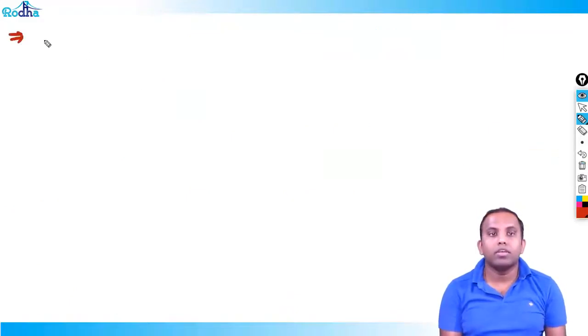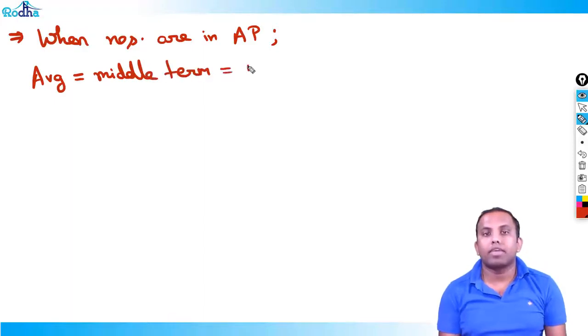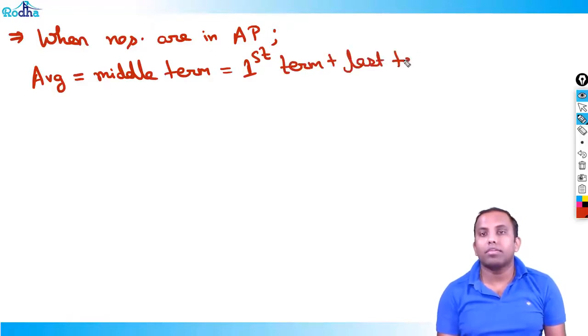What I wrote was, when numbers are in arithmetic progression, that is AP, the average is equal to the middle term of the AP, which is calculated by first term plus last term, by 2.